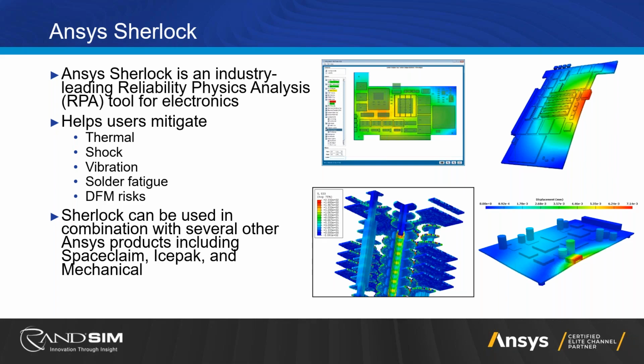What's good with Sherlock is that it helps us mitigate issues associated with thermal, shock, vibration, solder fatigue, issues with design for manufacturer, and issues associated with in-circuit testing, so flexion associated with putting it into the test fixture.